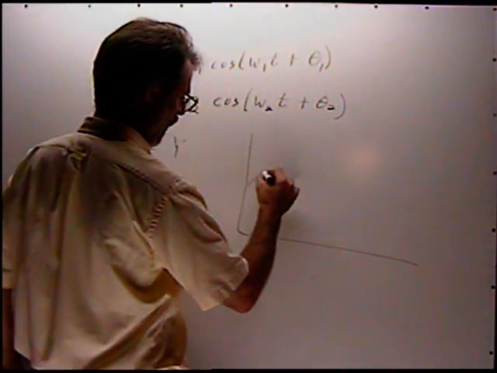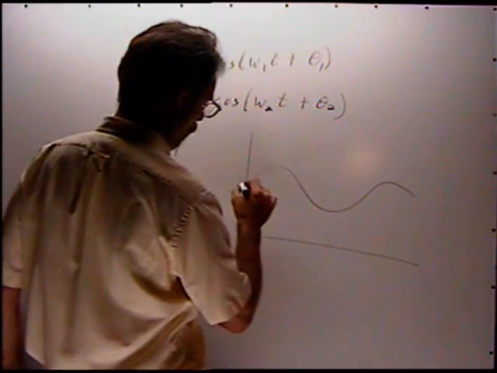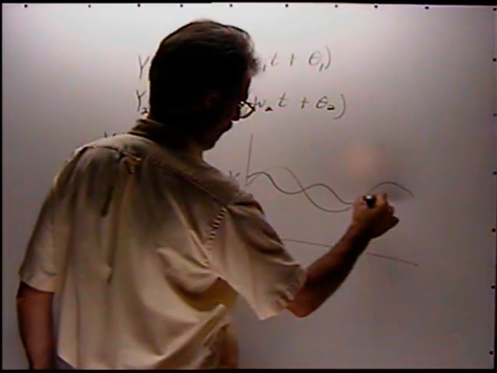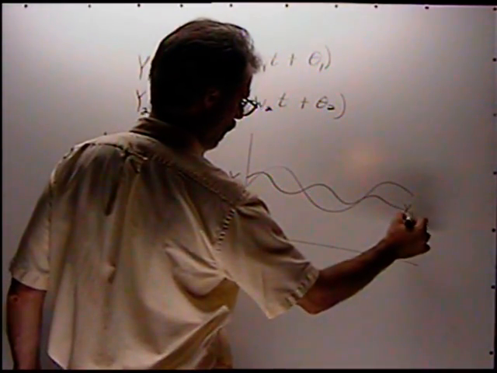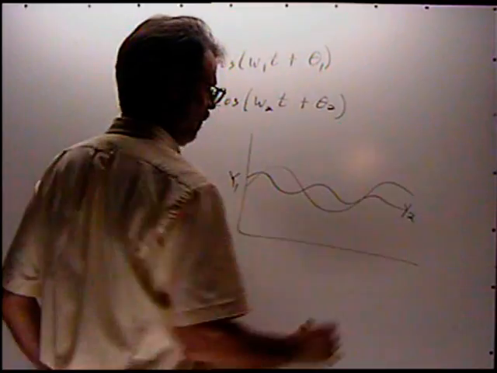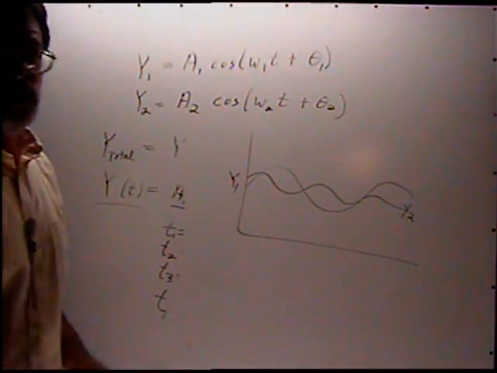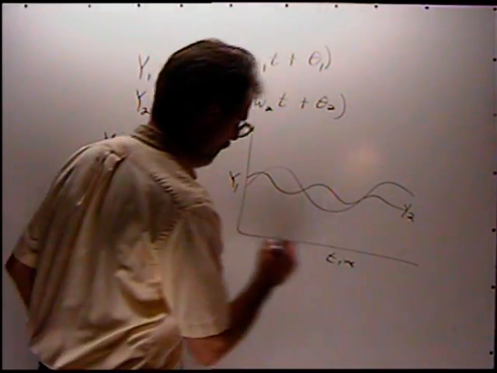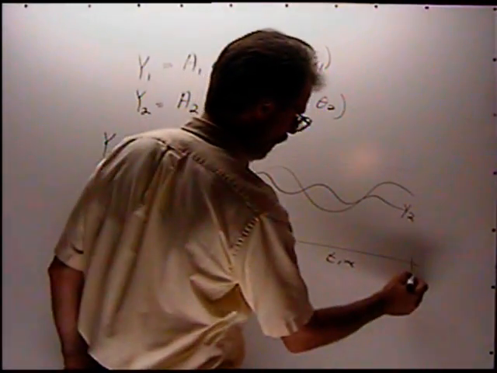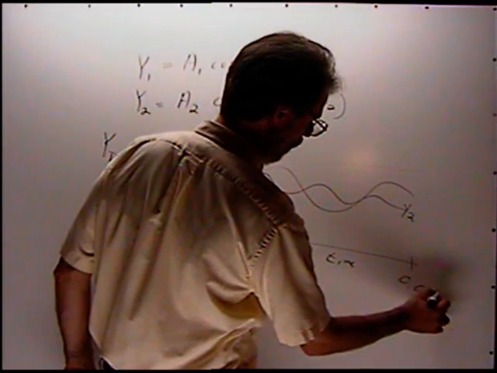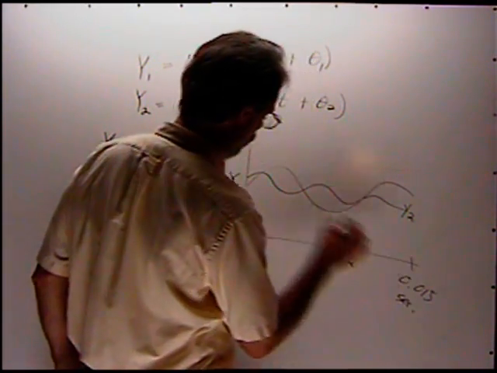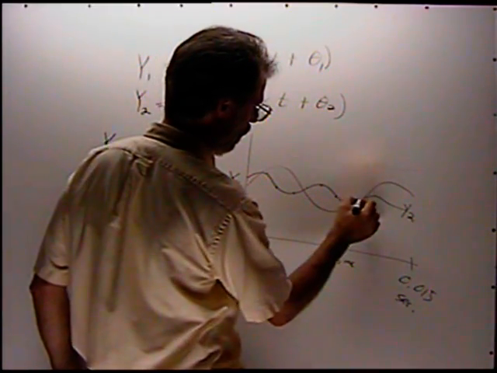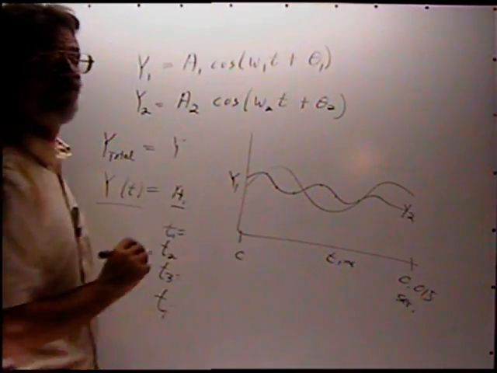For instance, if that's y1, y2 may be something like this, and y3 will be something else. And of course, this is time, which will go from 0 seconds all the way out to 0.015 seconds. You're plotting different points and then you just draw a line right through them.